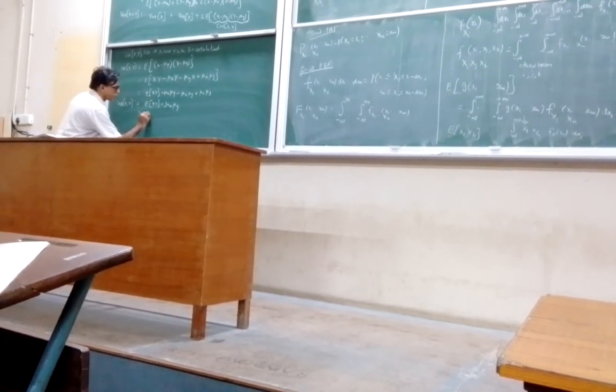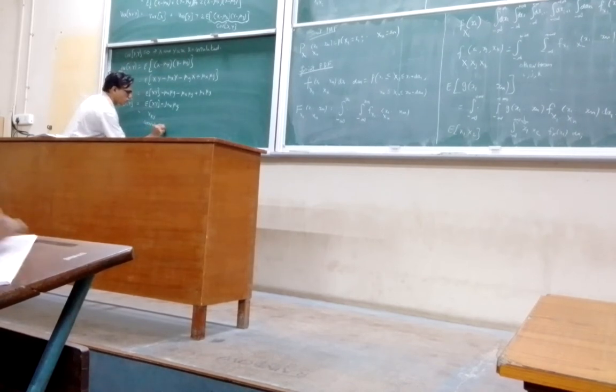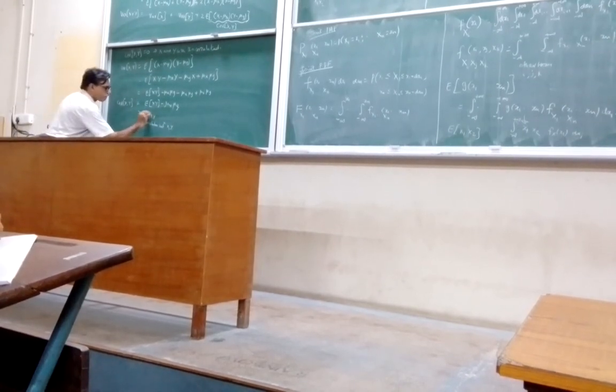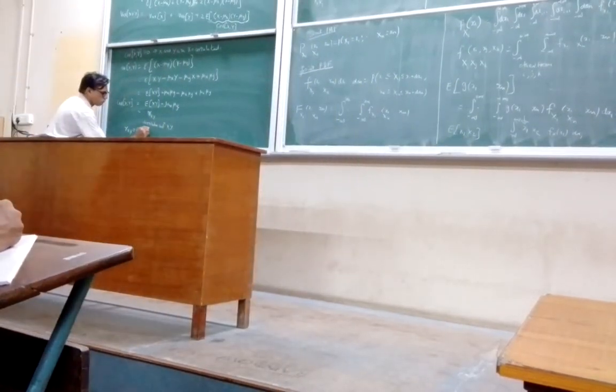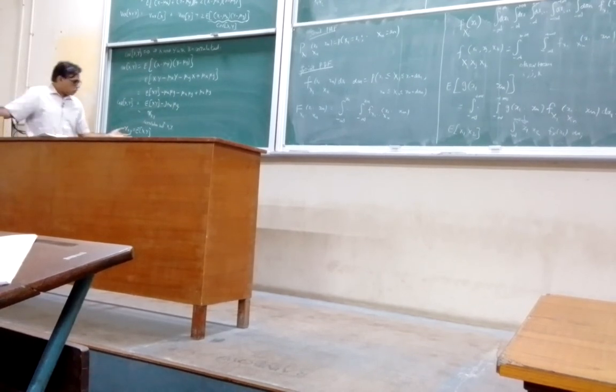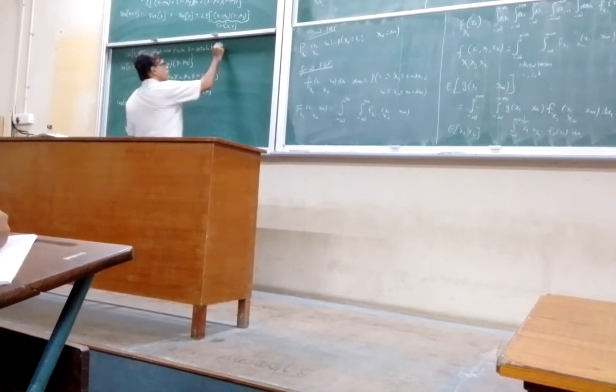That is called the correlation between x and y, denoted R. And if two random variables have the property that E of xy is equal to 0, we say that the random variables are orthogonal. Again, just notation.